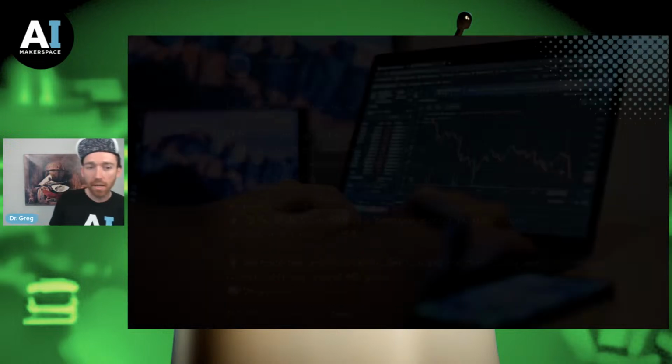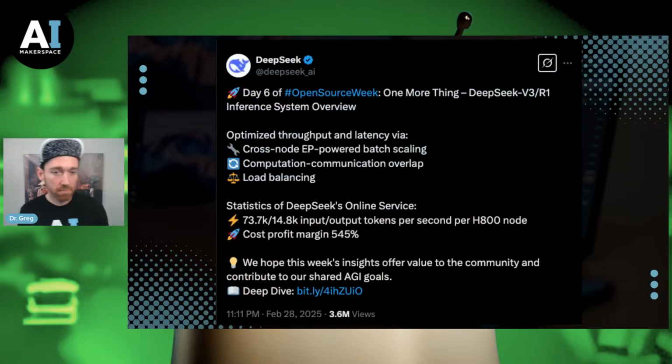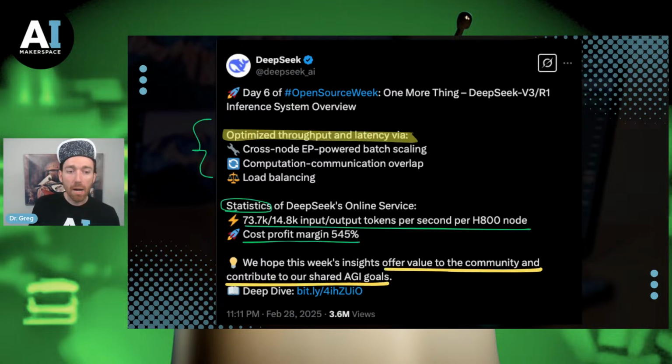They said, our full inference system looks like this. Per H800 node, we can get this kind of input and output. We can get this kind of profit margin. And we optimize all of this through cross-node expert parallelism, batch scaling, computation-communication overlap, and load balancing.